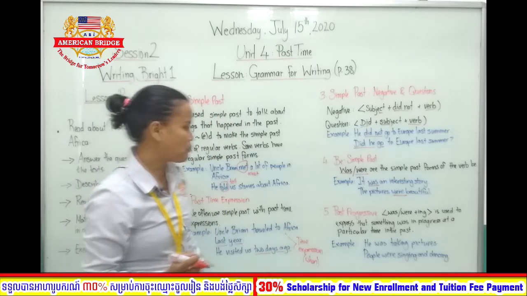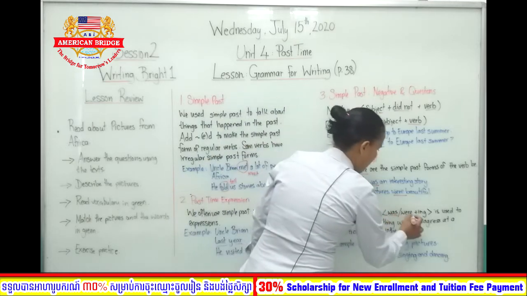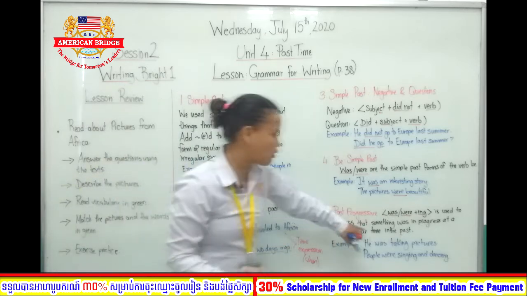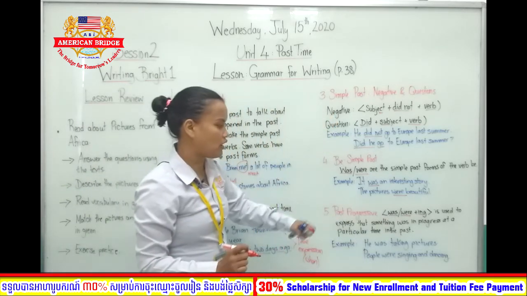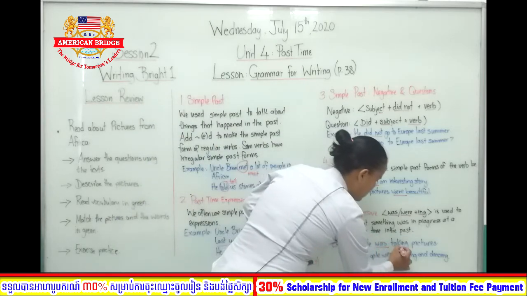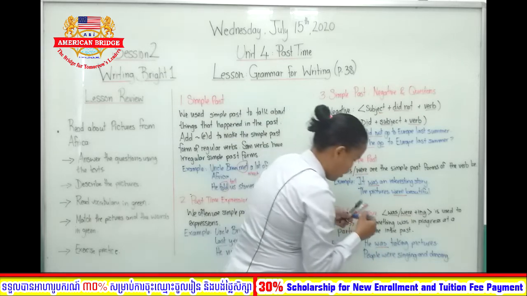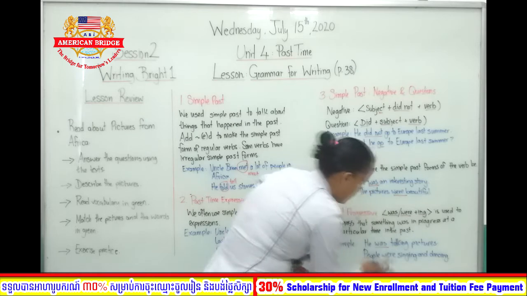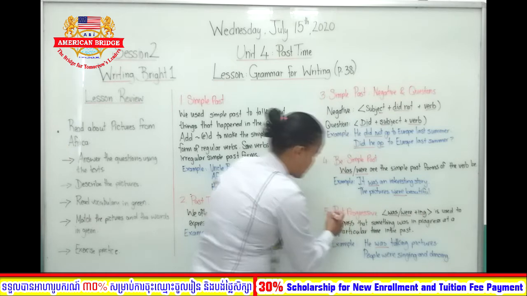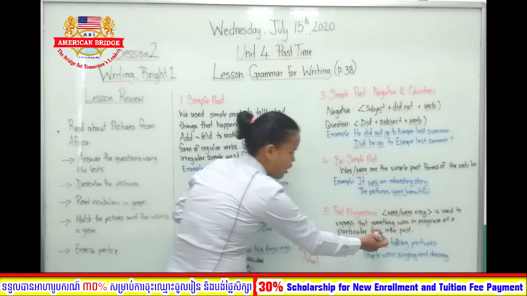Number 5, past progressive. Now, when we use past progressive, we use was, were, and ing, okay? So it's used to express that something was in progress at a particular time in the past. For example, he was talking. See the word talk, right?